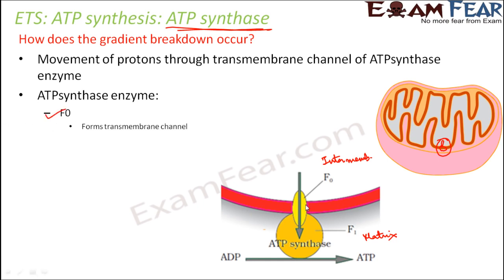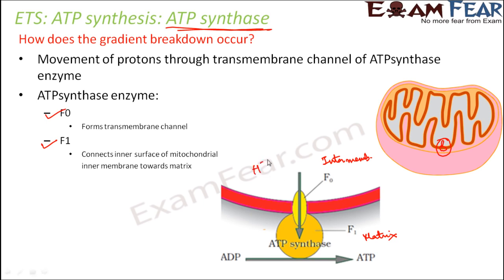F0 forms a transmembrane channel, a tunnel-like structure through the membrane, so it allows the protons to flow through it. The next part is F1, which connects the inner surface of the mitochondrial inner membrane towards the matrix.